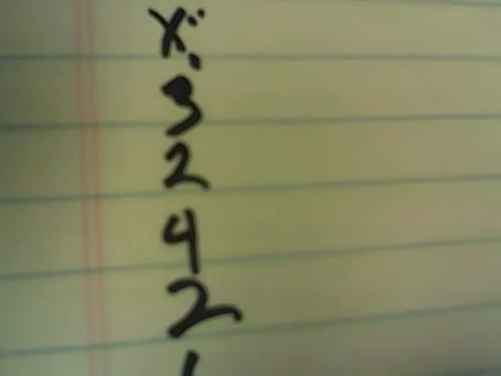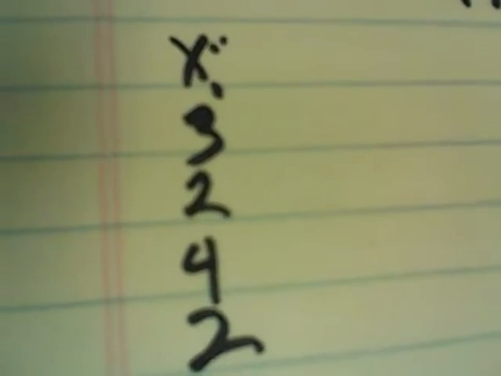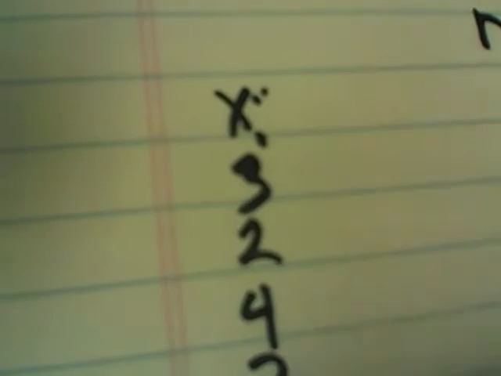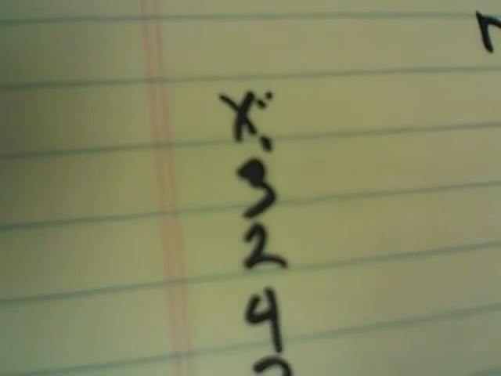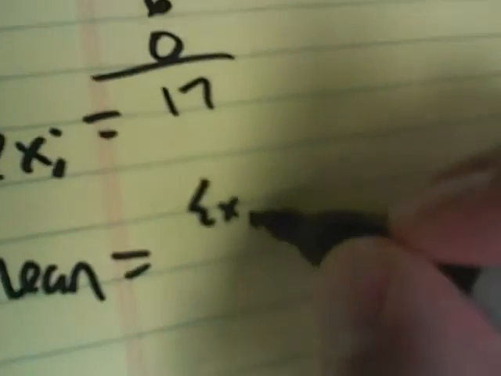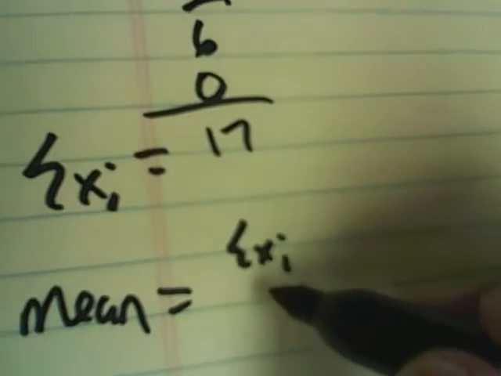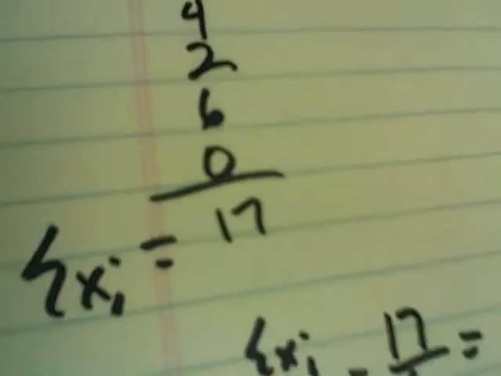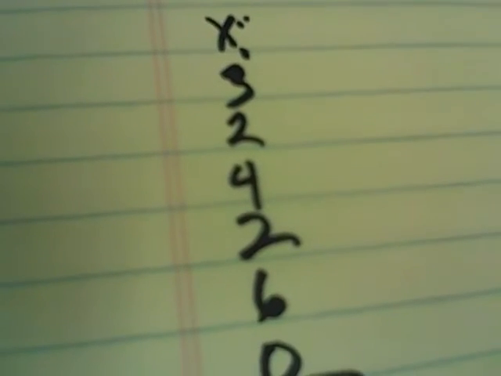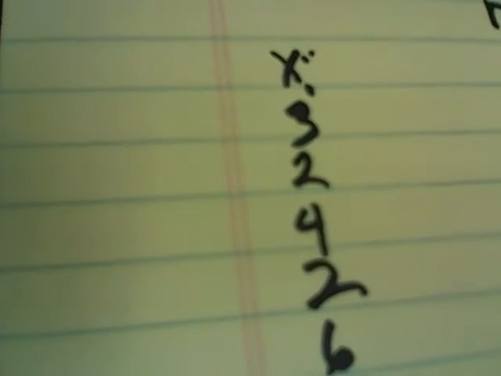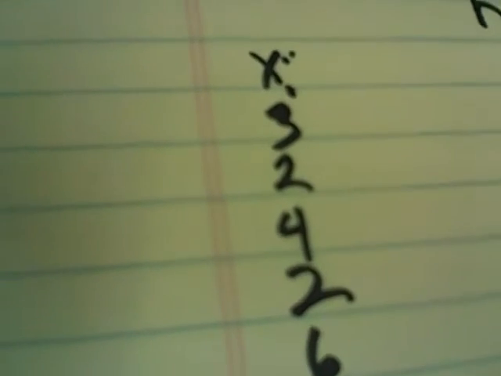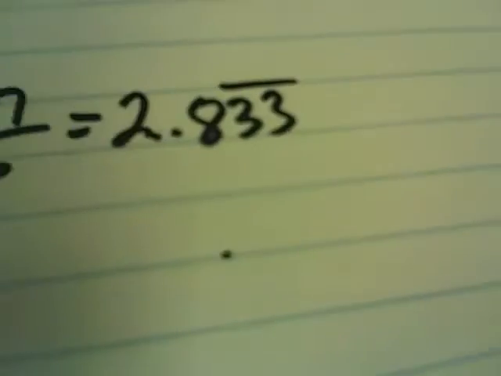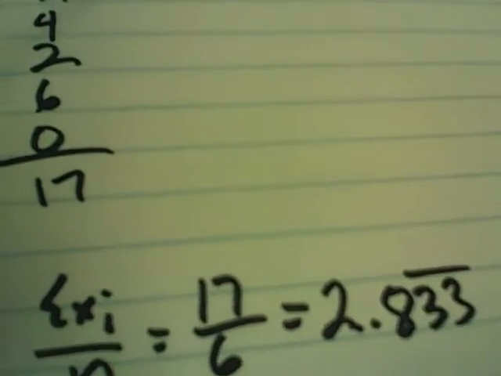When I sum those numbers, I get 17. The mean is equal to the sum of x sub i over n. That's 17 over 6. 17 divided by 6 comes out to be 2.833. So I've got my mean, median, and the mode.